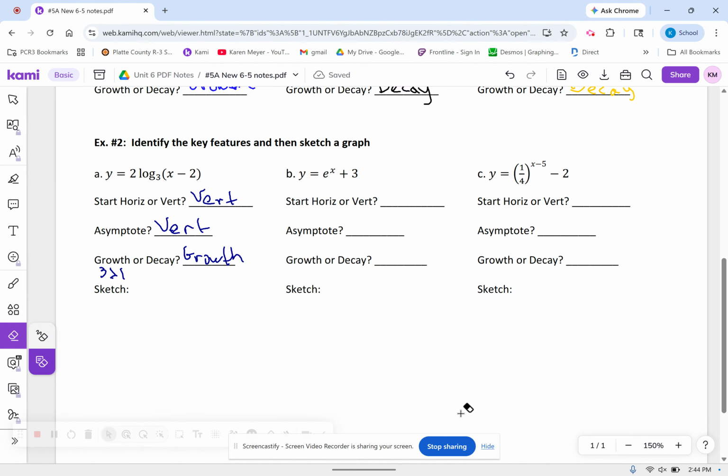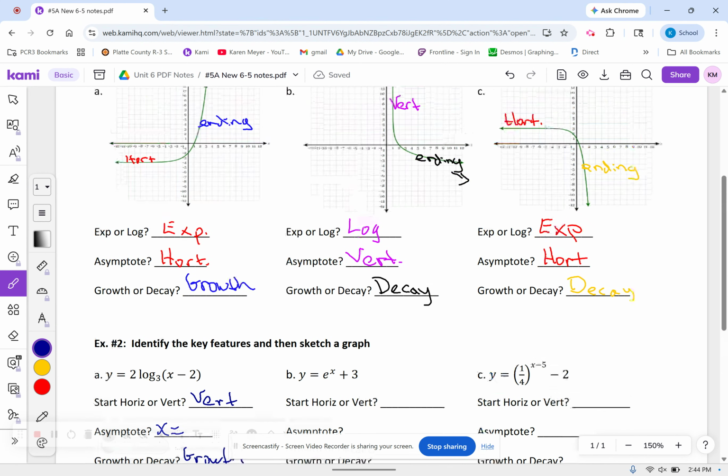The number in the H spot is the -2, but remember we talked about with all the asterisks up here, change the sign of H. So please don't write down -2, you're going to change that to +2.